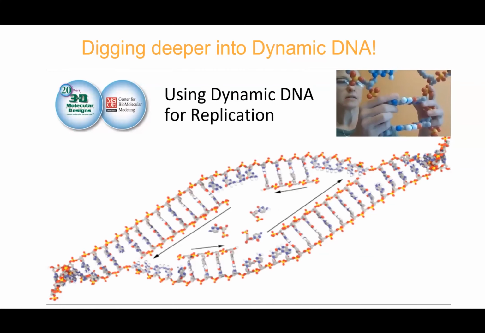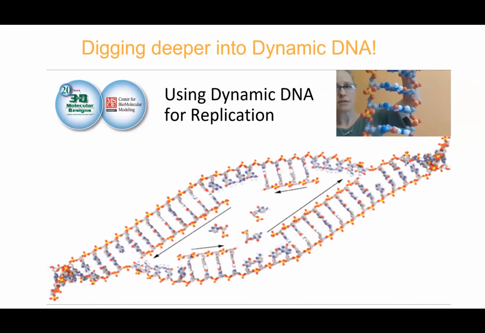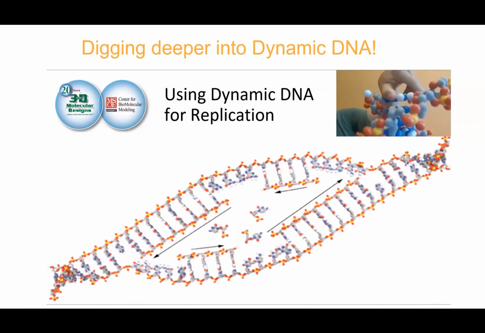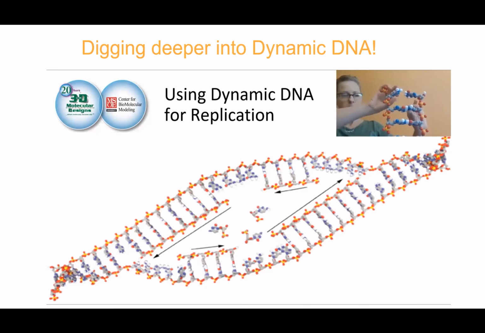We've got a model here that we can use to go from the double helix model of DNA and use our hands to untwist it. Students can then use this dynamic DNA model, pull apart those hydrogen bonds, and begin to fill in the nucleotides on the template strands.